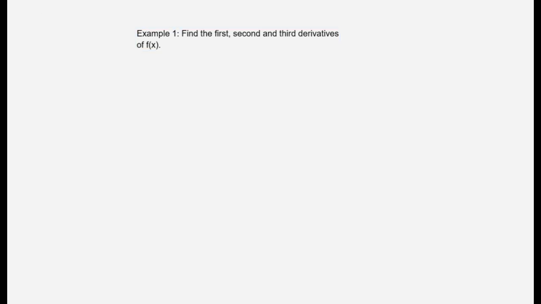And let f of x be some type of function. Let's say f of x equals (x plus 1) cubed. So let's just do it. We can apply the chain rule to solve this derivative.